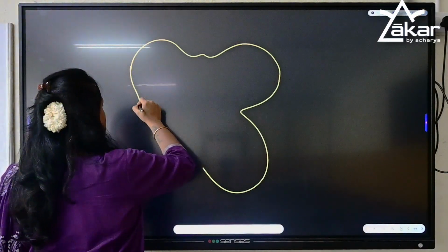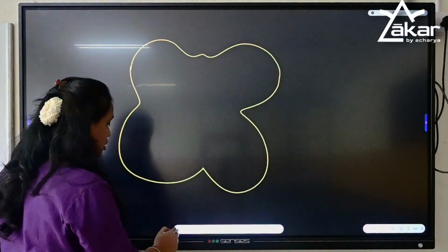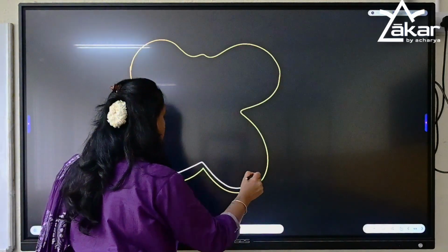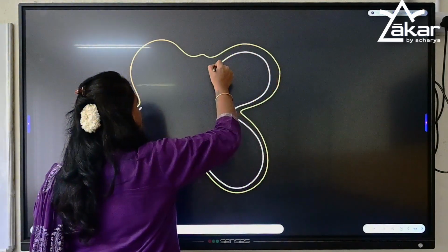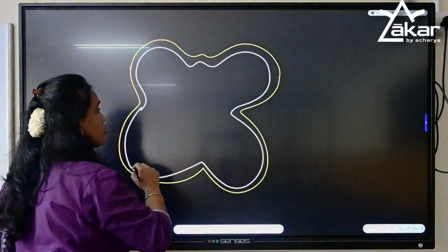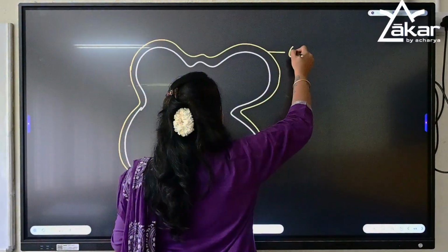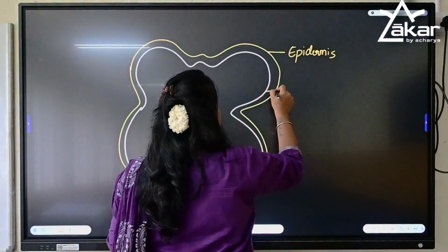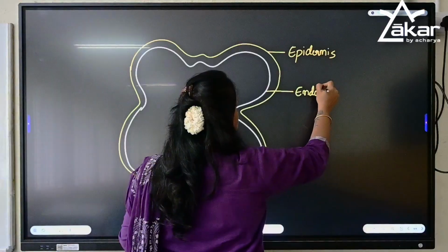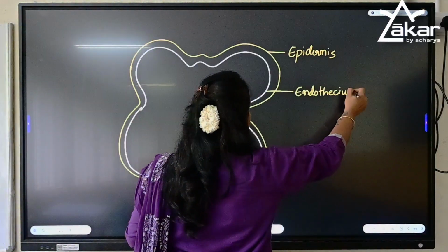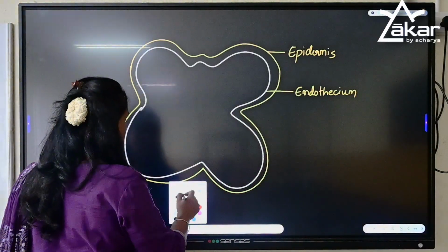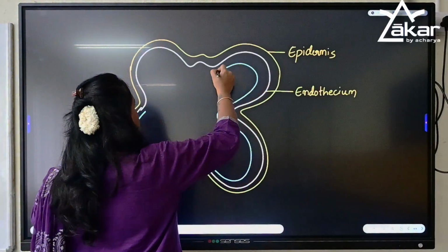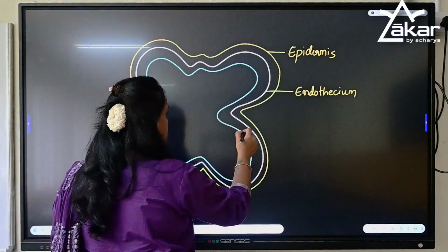Fine. Now draw 3 walls of the same kind. So this comes our epidermis. Walls we said, right? Epidermis. Then comes endothecium. Then comes the middle layer.